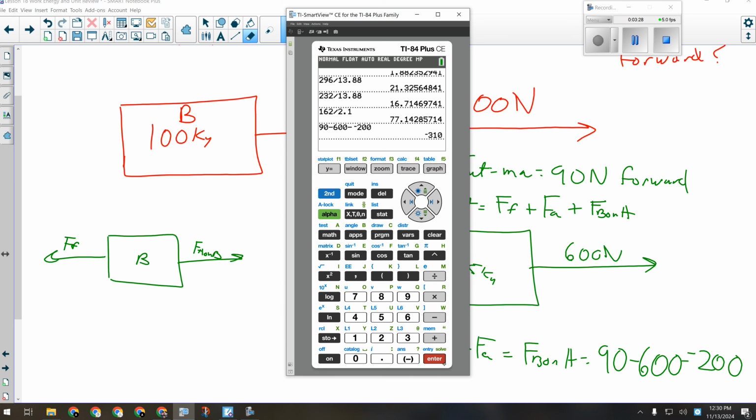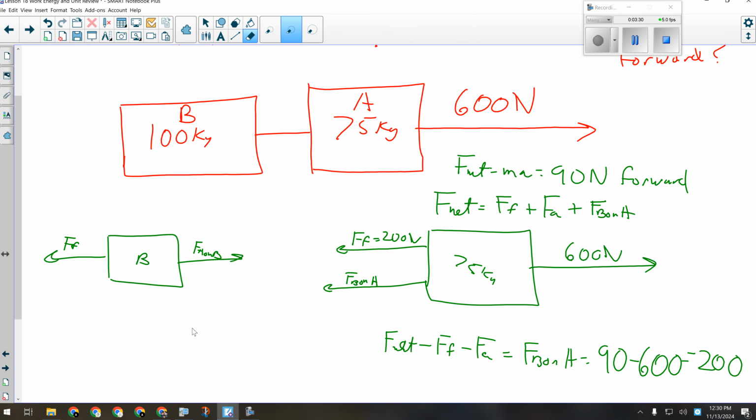So 310 newtons is the force of B on A. So the force of A on B is, to two significant digits, 3.1 times 10 to the 2 newtons forward. Force of A on B would be in a forward direction. You won't see anything more difficult than that in terms of a Newton's third law question on your exam.